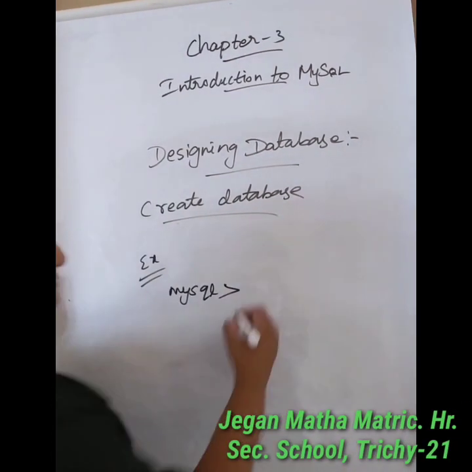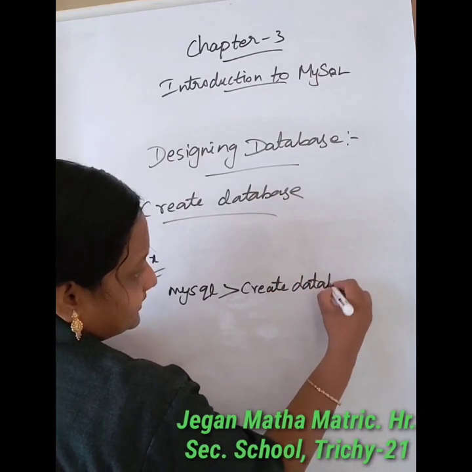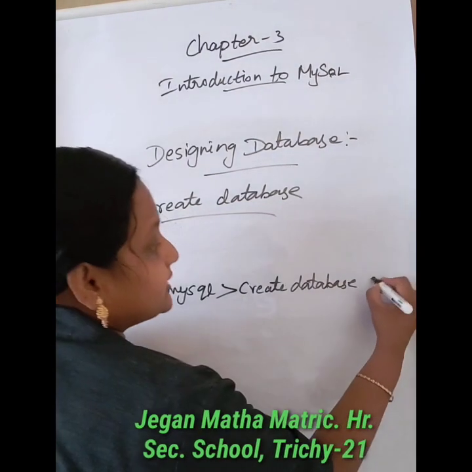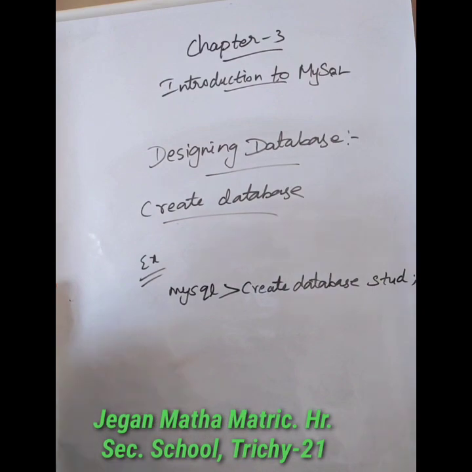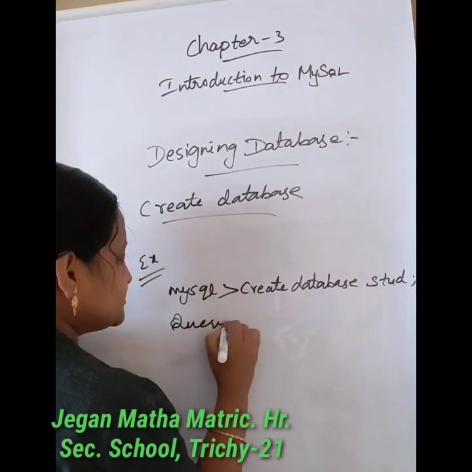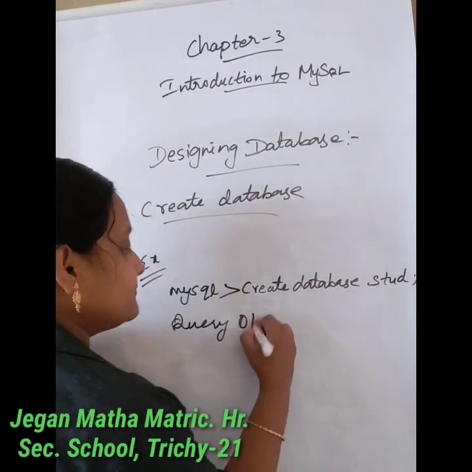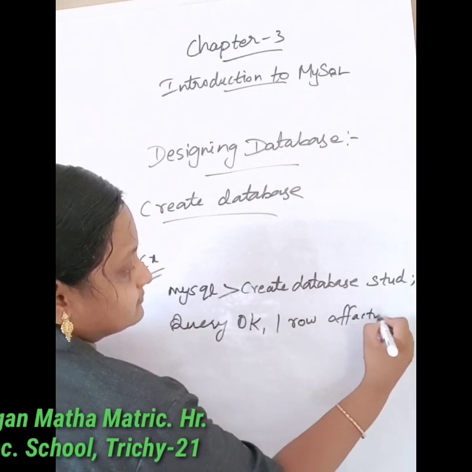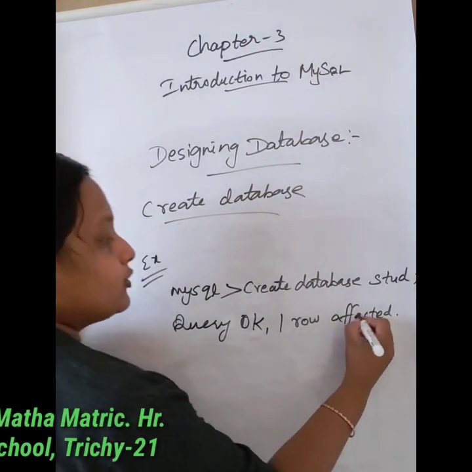MySQL create database, and then here we need to give a database name. If we give this command, the system automatically produces the output: OK, one row affected.